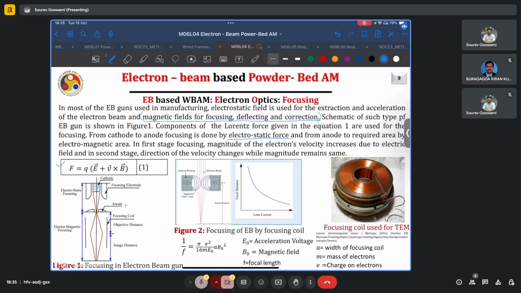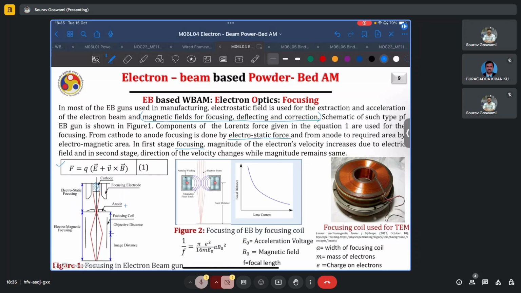In this first stage, the magnitude of the electron's velocity increases due to electric field, and in the second stage, the magnitude of velocity no longer increases, but acceleration is affected by changing the direction of velocity.